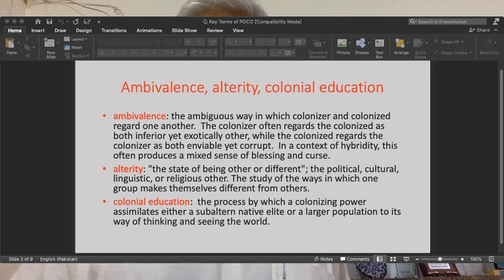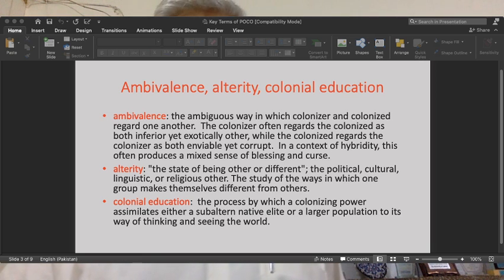Now let's see alterity: the state of being other or different, the political, cultural, linguistic, or religious other, the study of the ways in which one group makes themselves different from the other. So that is an attempt to make people feel that they are the others.